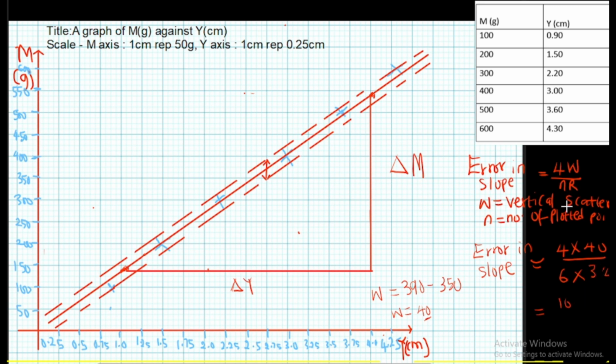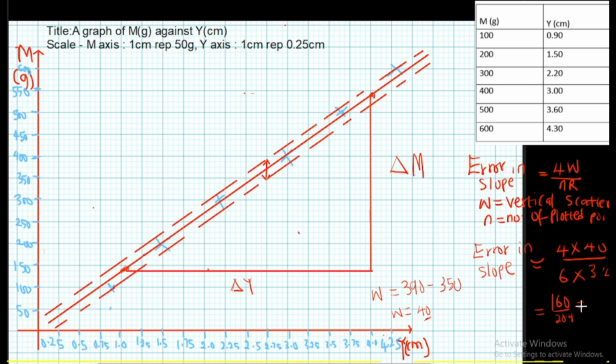So 4 times 40 is 160, divided by 6 times 3.4, which is 20.4.